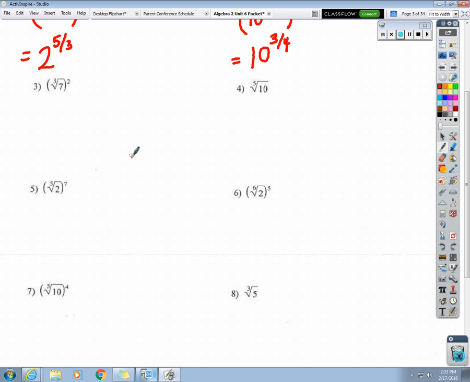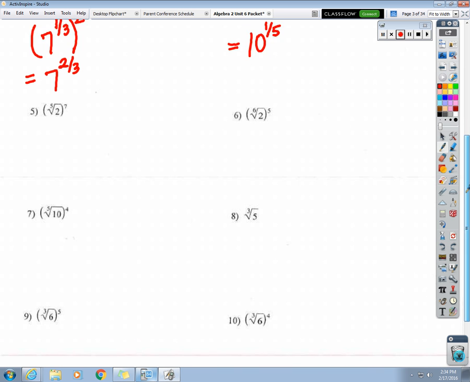Okay, so number 3, the first thing we would need to do is rewrite the cube root of 7 as 7 to the 1/3 power, but then it's squared, so now we have to multiply those, and so our final answer is 7 to the... Right. Okay, for number 4, the first thing we need to do is rewrite this as 10 raised to the 1/5. And then there's no power, so you're done.